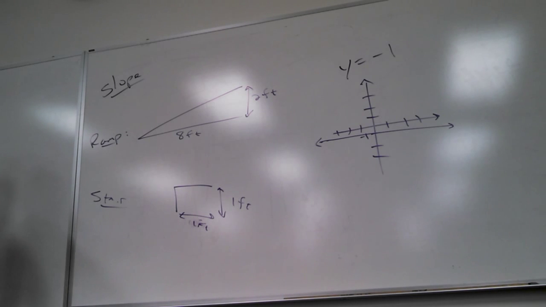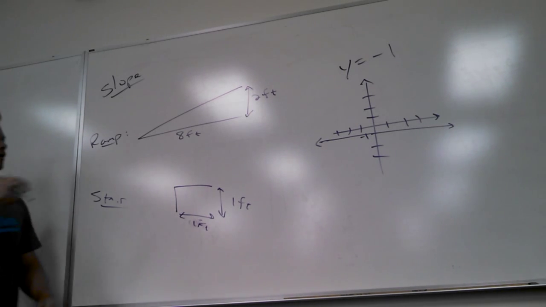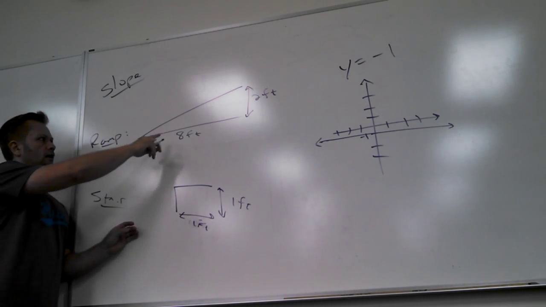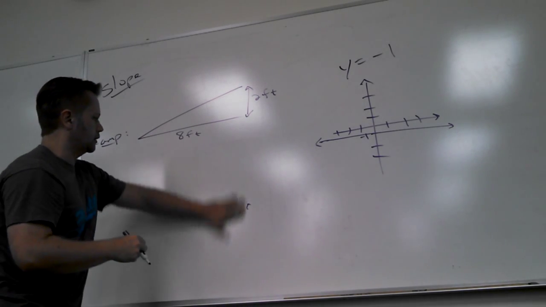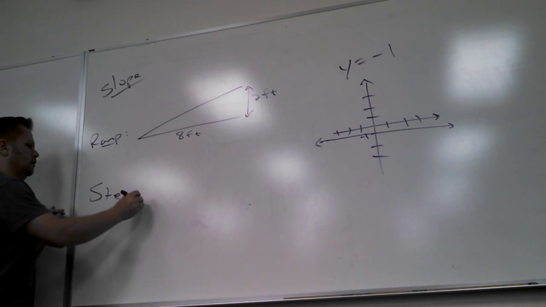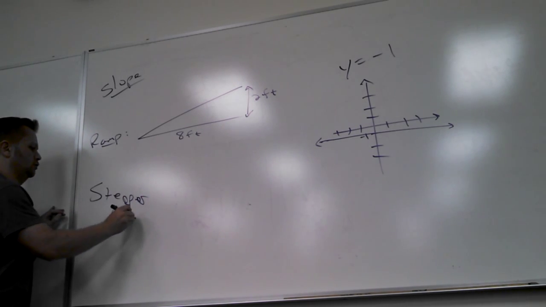So what math does is it comes in and gives us a way to measure slope. Without algebra we certainly could, but the way we talk about slope is, let me make a steeper ramp. How would I make a ramp steeper than that? What must it do to be steeper?